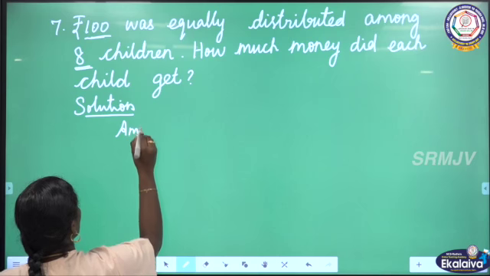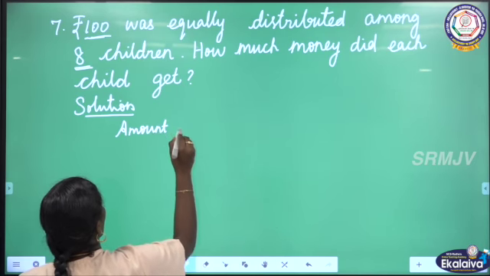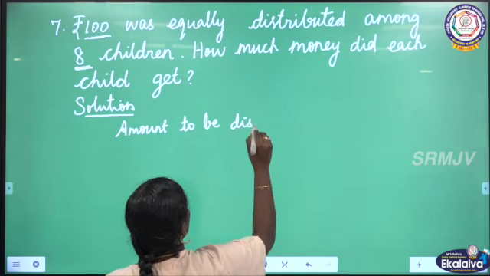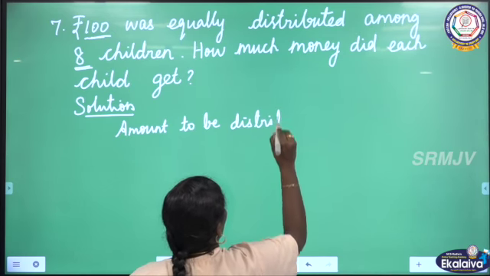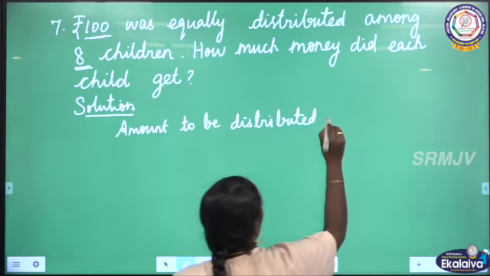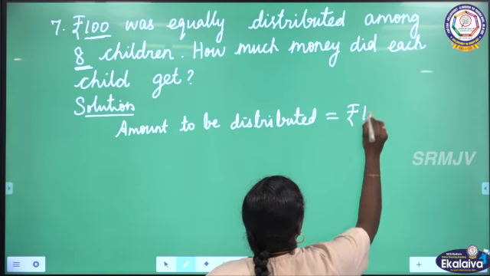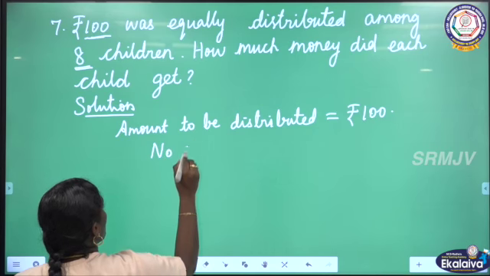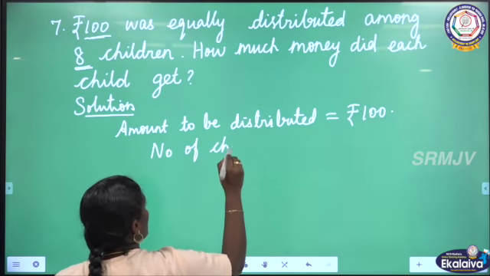Amount to be distributed as rupees 100. Among how many students? The number of children is 8.